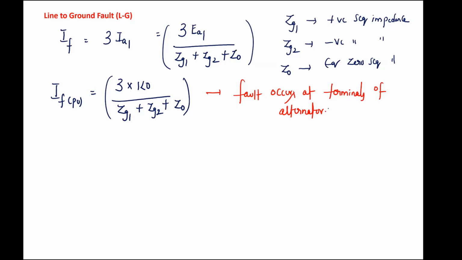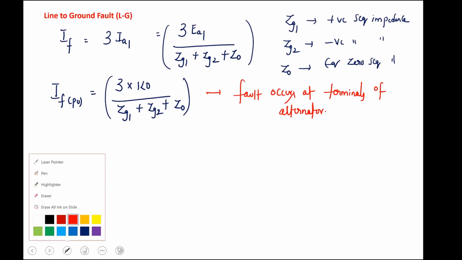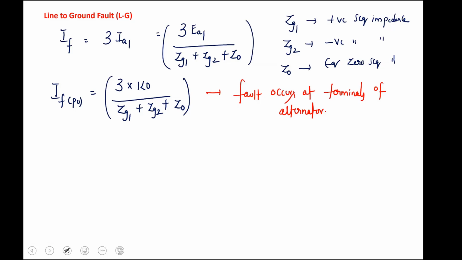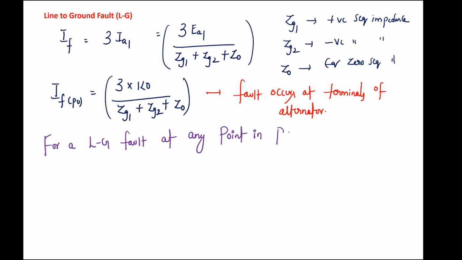Understand? Suppose the fault occurs not at the terminals of the alternator but at any point other than the terminals. At any point the fault can occur. So for an LG fault at any point in the power system network, what should be the formula?